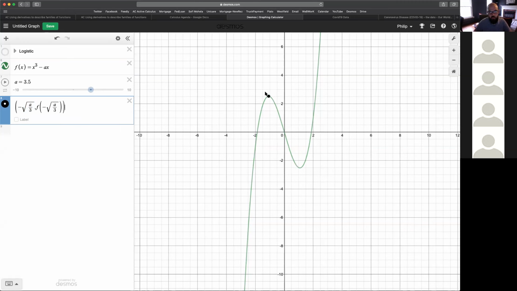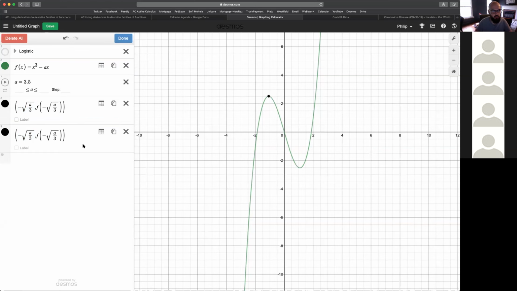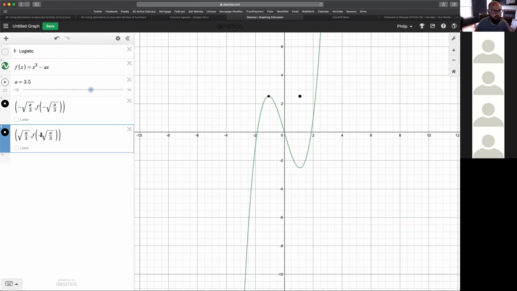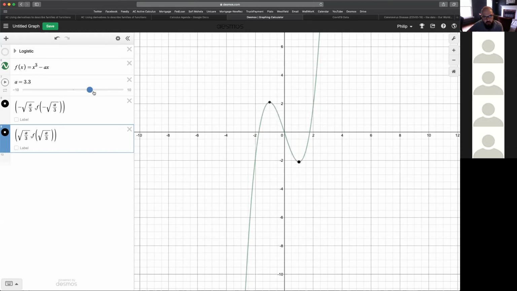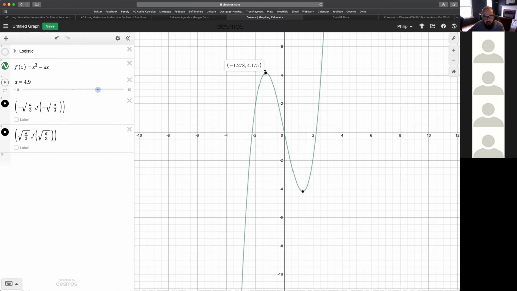The negative square root is popping up as our local max, and the positive square root is going to be our local min. So no matter what the value for a, this point right here is always our local max, and this point down here is always our local min.